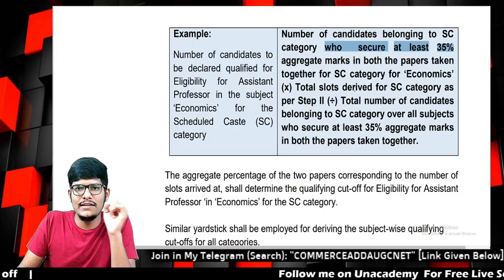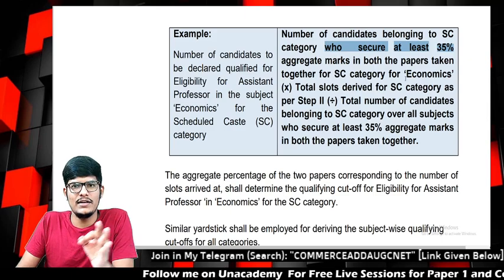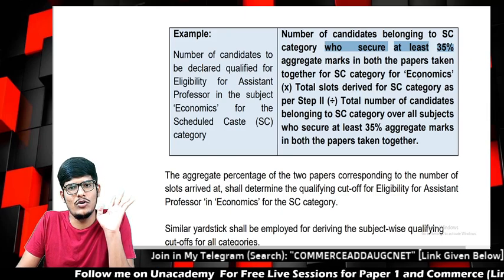Now after that, guys, the aggregate mark, 35% of the aggregate mark in both papers taken in the SC category for the economics.